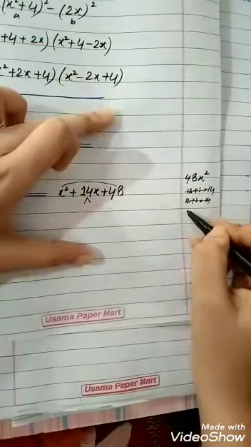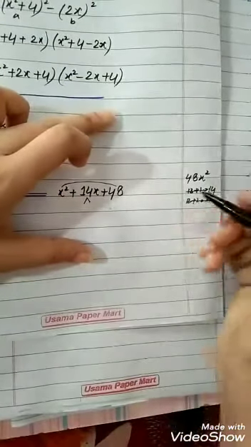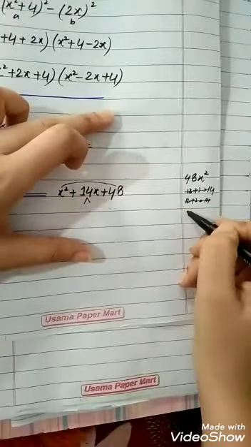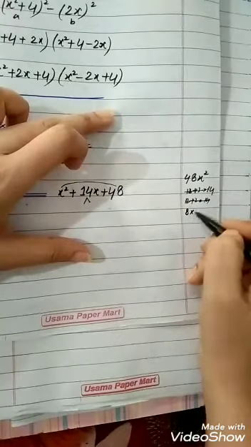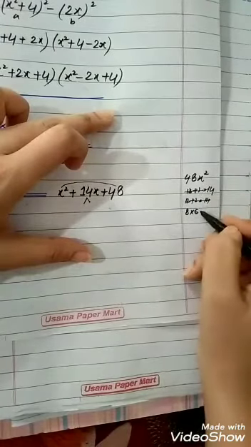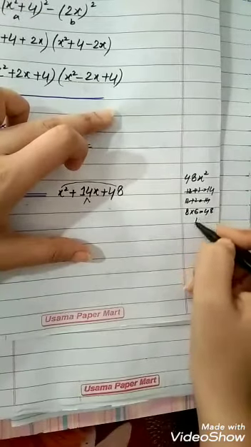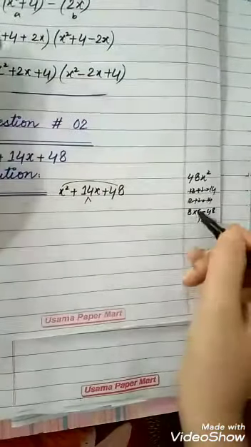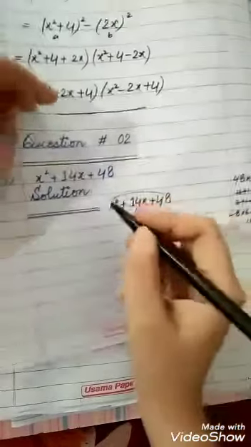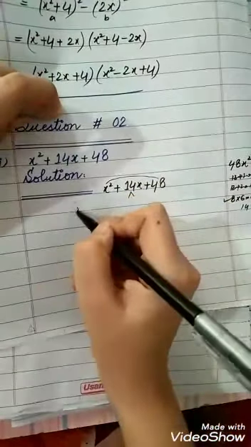After searching many pairs, we reach 8 into 6, that is 48, and if we add them we get 14. So this pair is successful. We can apply this pair here.